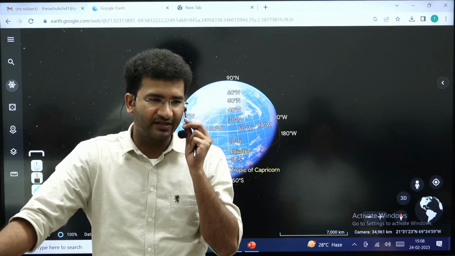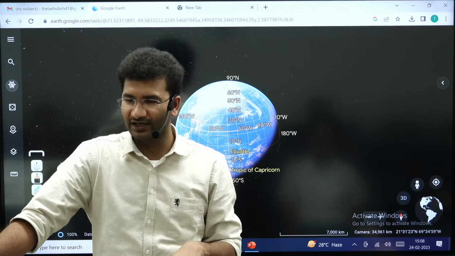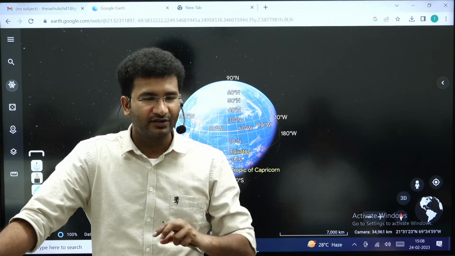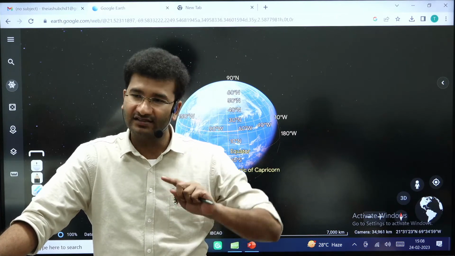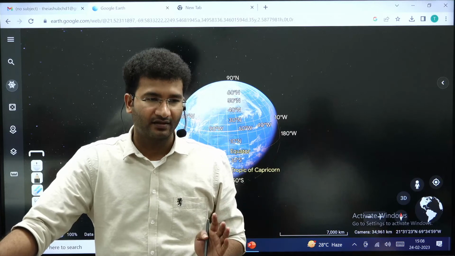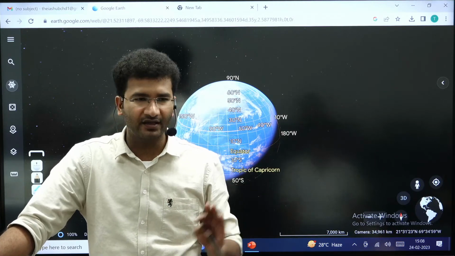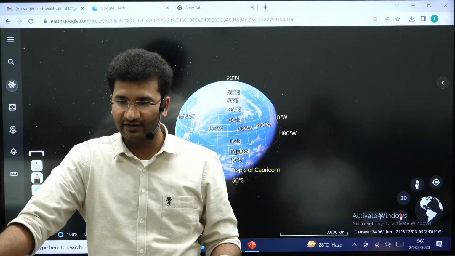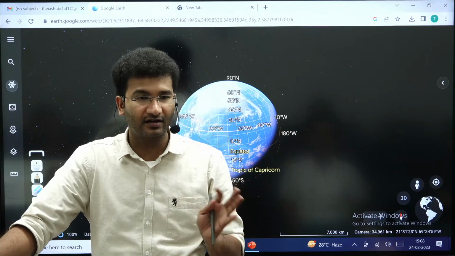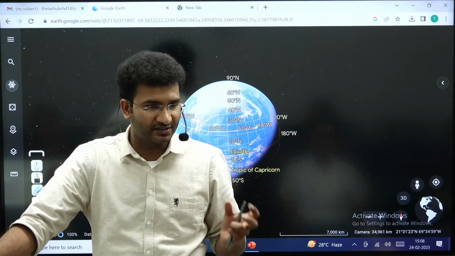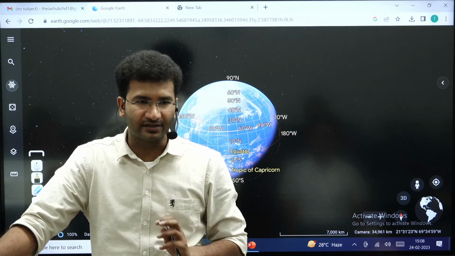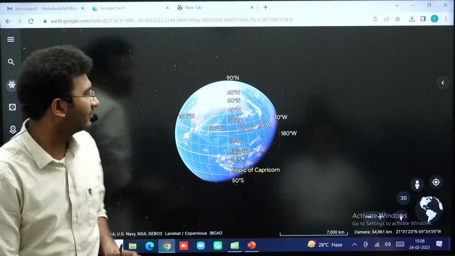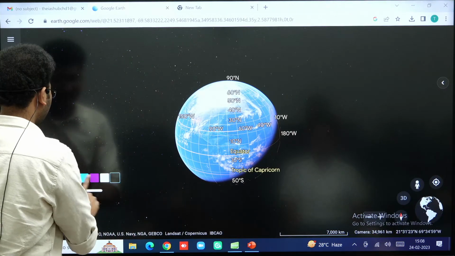Indirect sources are where you do not go deep into the interior of the earth, but still you get some materials, and when you study them in the laboratory, you understand that this material has similar compositions to the earth, and then we can study them. So broadly speaking, there are direct sources and indirect sources.